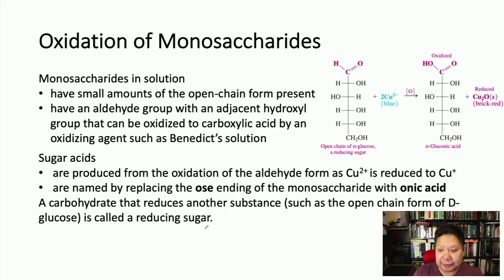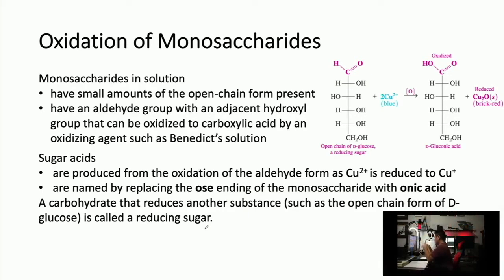As we discussed in the last lecture, very small amounts of the open chain are actually present in solutions. And when they're in the open chain, we have an aldehyde that's sitting right next to a hydroxyl.